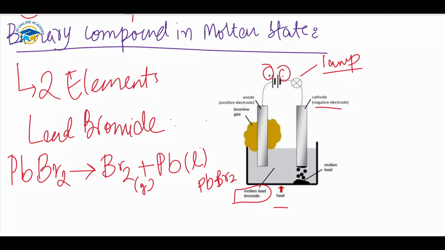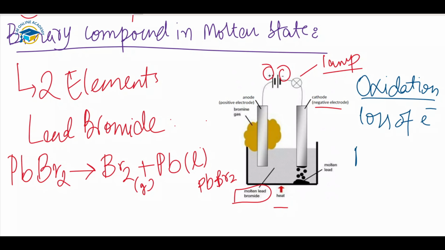So we have two types of reactions that happen in the electrolysis. First is oxidation and the second is reduction. Oxidation is the loss of electrons, and reduction is the gain of electrons.